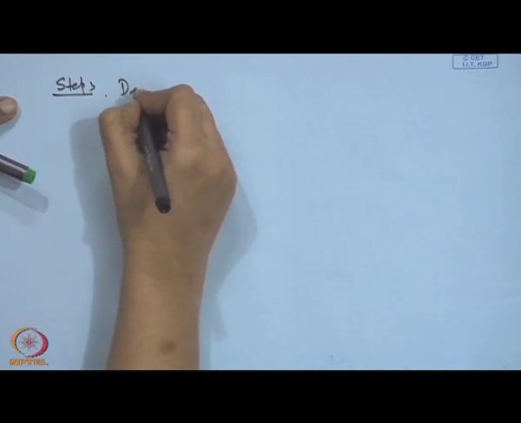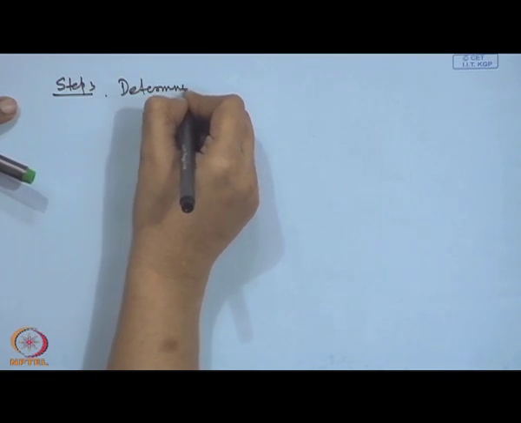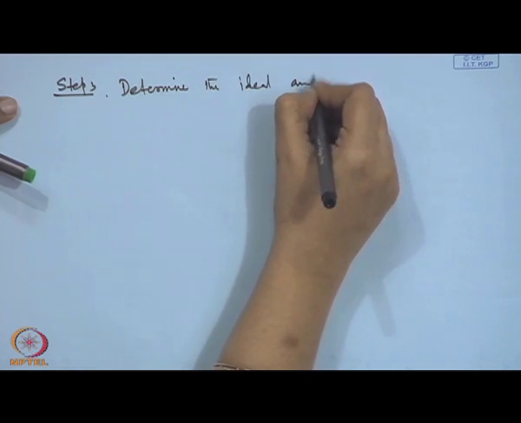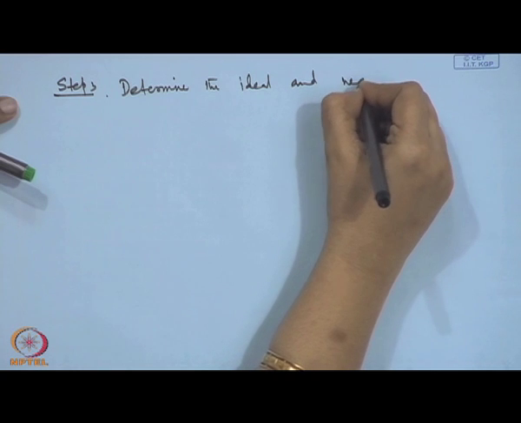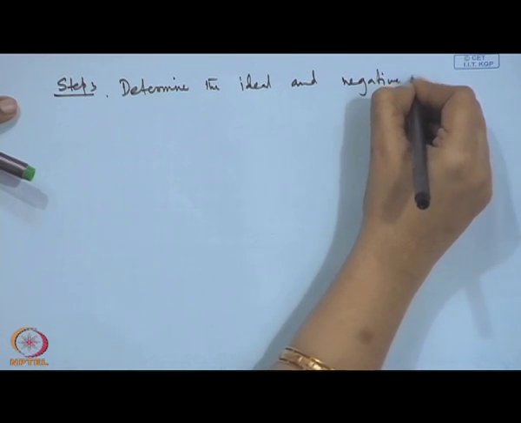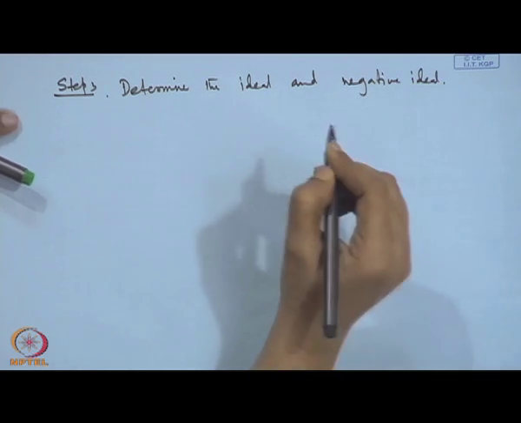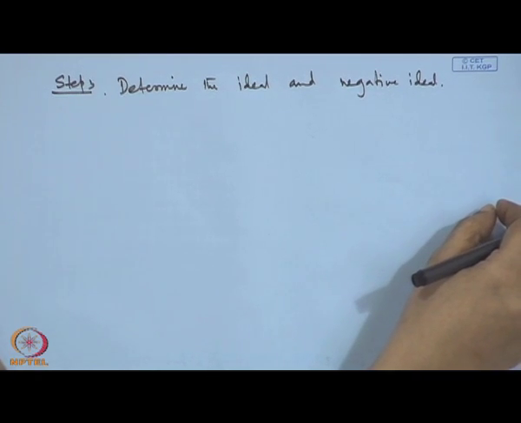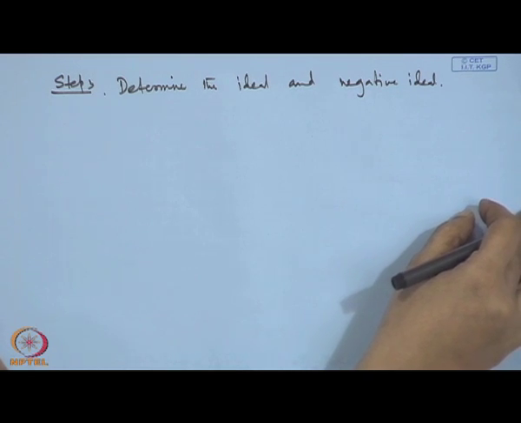After that, the next step, step 3, is to determine the ideal solution and the negative ideal solution. Now, what is the meaning of it? It means that the ideal solution is one which is not achievable.